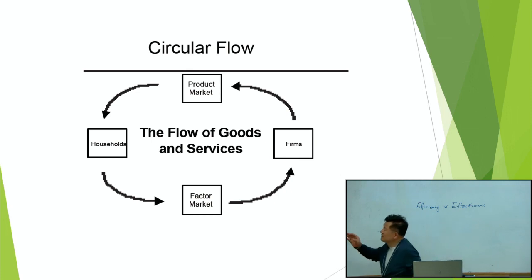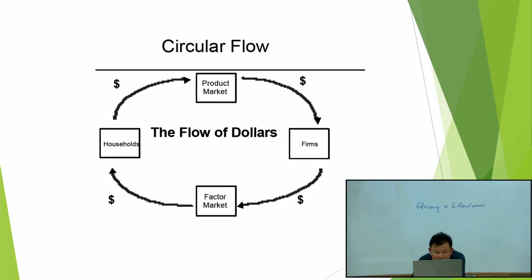Product markets sell to households, factor markets, and then firms. And firms go to the product market, which is the circulation of goods and services. On the other hand, there is the circular flow of dollars. The product flows one way, but on the other side the dollars flow. So households buy the products, so they give dollars to the product markets.